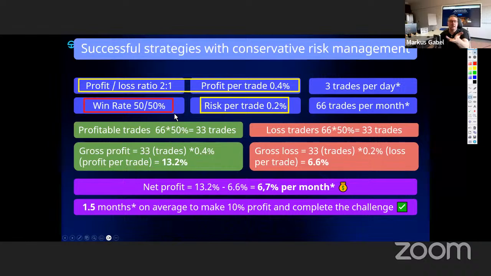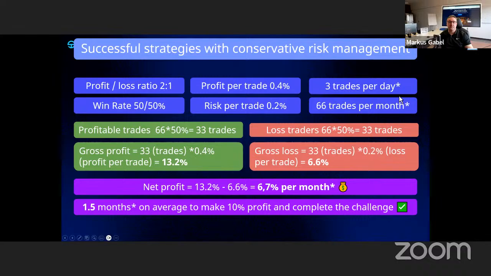How cool is this? And if you have a win ratio of 50-50, and believe me, with this strategy, you have a little bit more. So in the community, we use different strategies with a way higher win rate, I can tell you. So that's the reason why my students after 1.5 months are really successful.